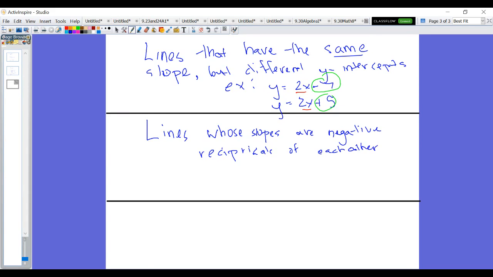So an example I'll give there, I'll start with the same y equals 2x minus 7. But in order to make a perpendicular line to that, I want to take that slope of 2 and flip it and negate it. So instead of a slope of 2, it'll have a slope of negative 1/2.